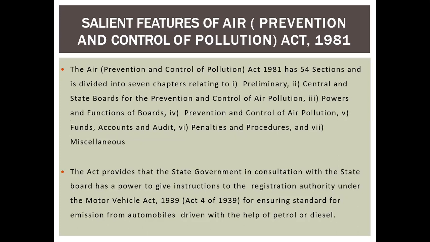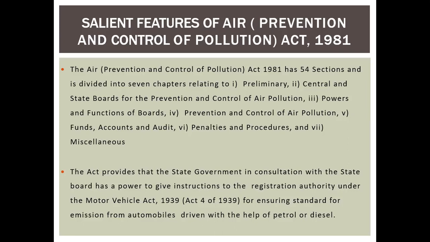So there are some salient features of the Air Act. The Air Act 1981 has 54 sections and is divided into 7 chapters relating to preliminary, central and state boards for prevention and control of air pollution, powers and functions of boards, prevention and control of air pollution, funds, accounts and audit, penalties and procedures, and miscellaneous.